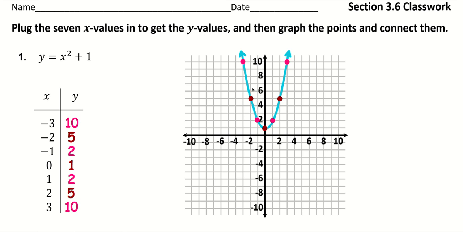Can you imagine if you only had this point and this point and this point to go by? Even if you had this point as well, you wouldn't know what this graph is going to ultimately look like. So the more points we have, the better. But it's going to end up being this U-type shape. This U shape.